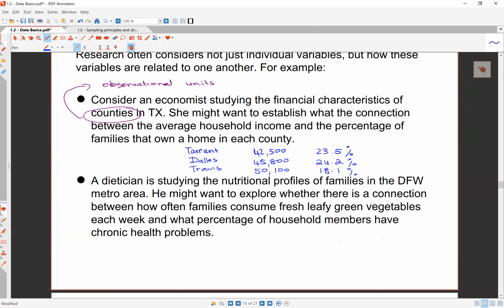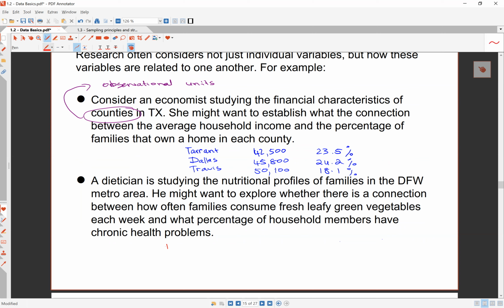Another example, a dietitian is studying nutritional profiles of families in the DFW metro area. This nutritionist might want to explore whether there's a connection between how often families consume leafy green vegetables and what percentage of household members have chronic health problems.